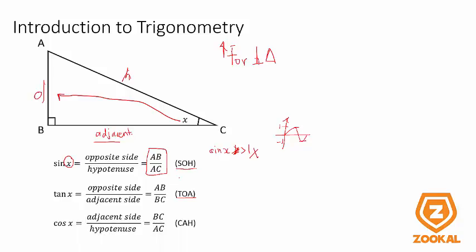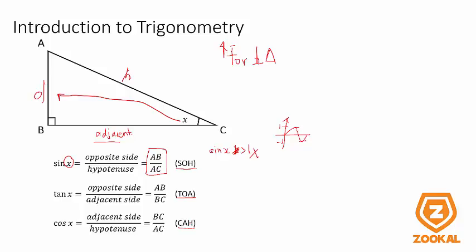Last but not least, cosine x. Adjacent side over hypotenuse, so it's BC over AC. So it's CAH, because C represents cosine, A represents adjacent side, and H represents the hypotenuse.